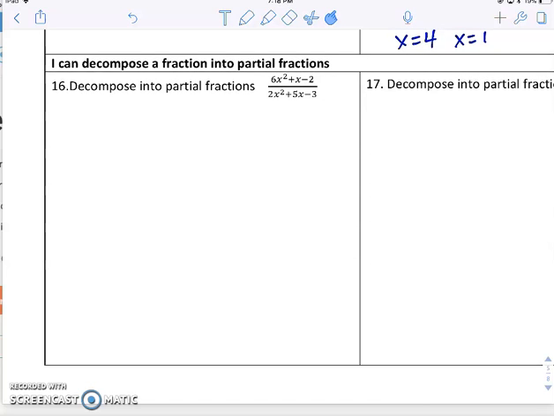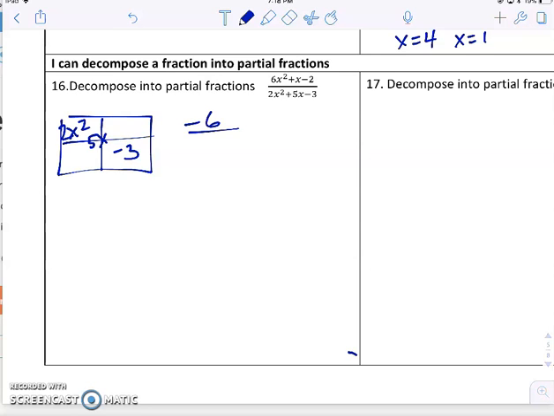So decomposing into partial fractions. This was where the first thing we had to do was factor at the bottom. So we have 2x squared plus 5x minus 3. So 2 times negative 3 is negative 6. So 6 and negative 1 to get 5.